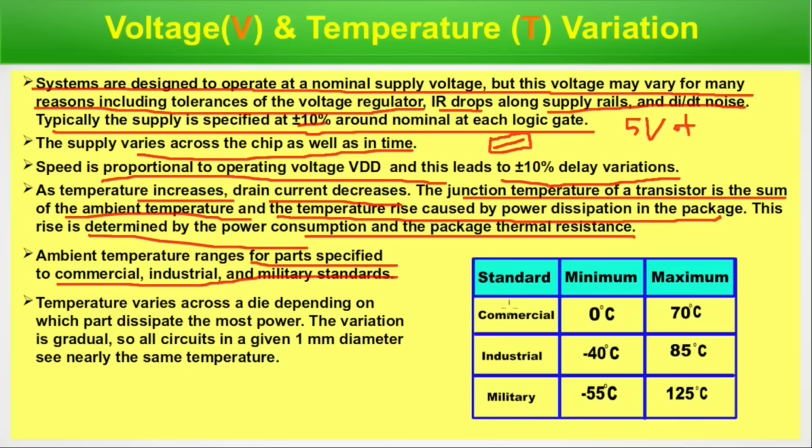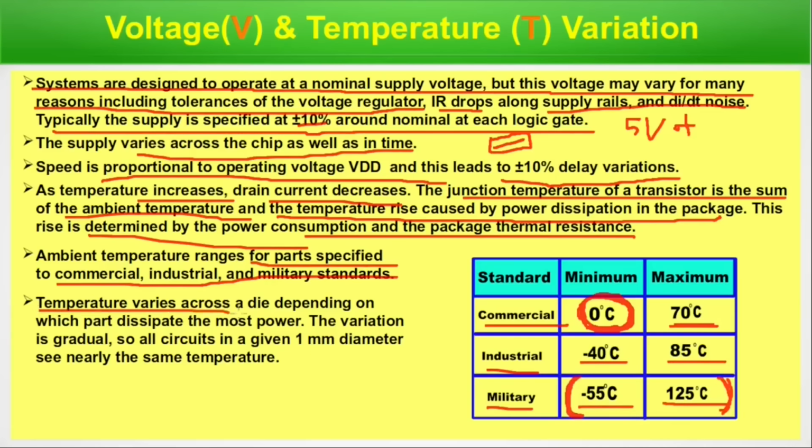Commercial is minimum 0 degrees, maximum 70 degrees. Industrial is minus 40 degrees to 85 degrees. The range in industrial is wider compared to commercial, and military is the harshest condition, with the highest range provided for military applications.